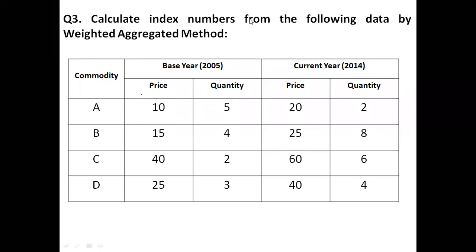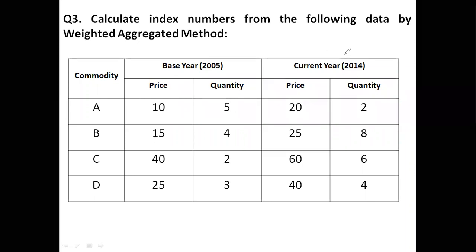Now here we can easily define them: price of base year as P0, quantity of base year as Q0, current year price as P1, and current year quantity as always Q1.